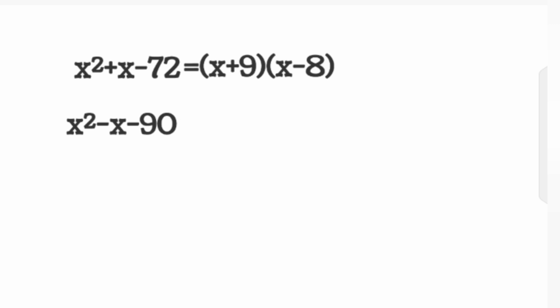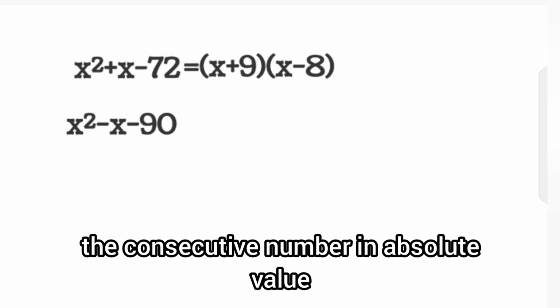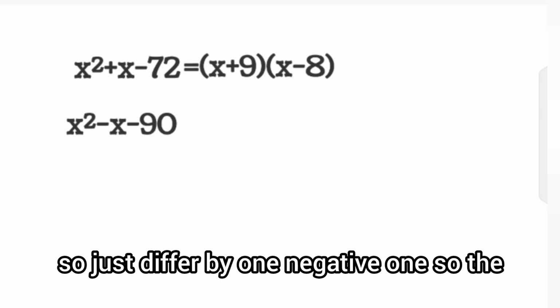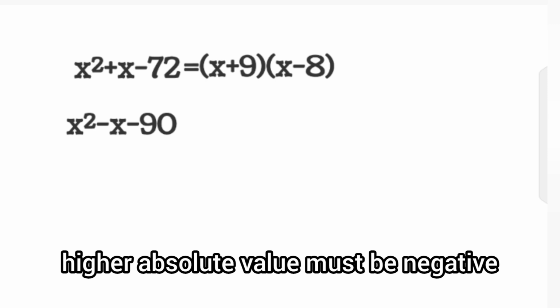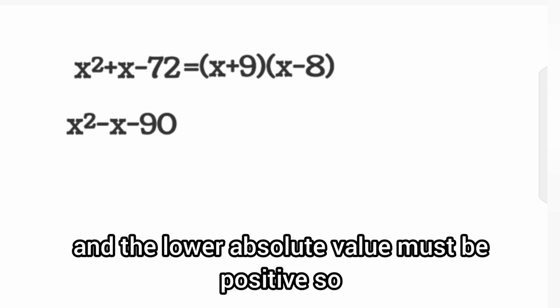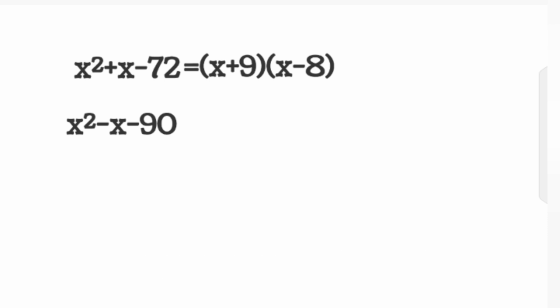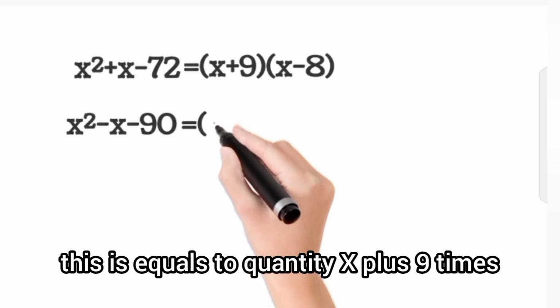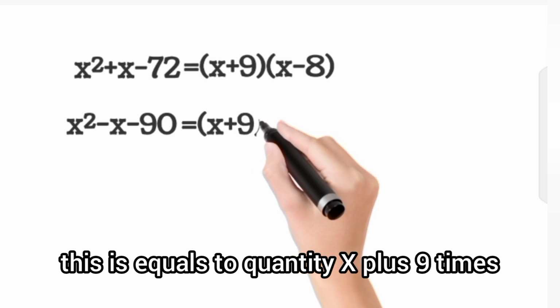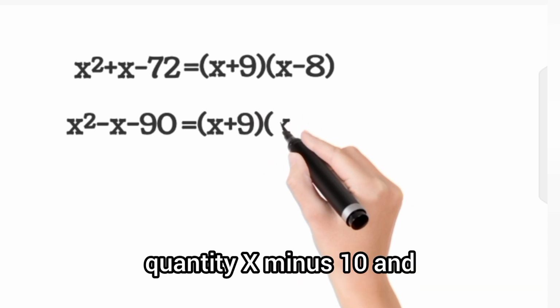So this must be a consecutive number in absolute value. So they just differ by 1, negative 1. So the higher absolute value must be negative, and the lower absolute value must be positive. So this is equals to quantity x plus 9 times quantity x minus 10.